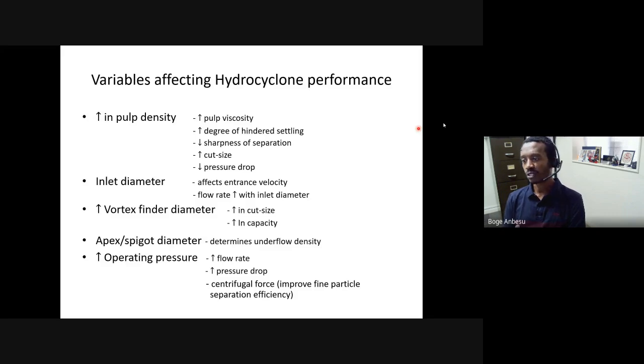And the same is true, for example, for inlet diameter. If I increase inlet diameter into the cyclone, now I am actually making the inlet wider, which means as particles enter, the velocity will drop. So as particles enter, velocity will drop, and with that, your pressure inside the cyclone will drop.